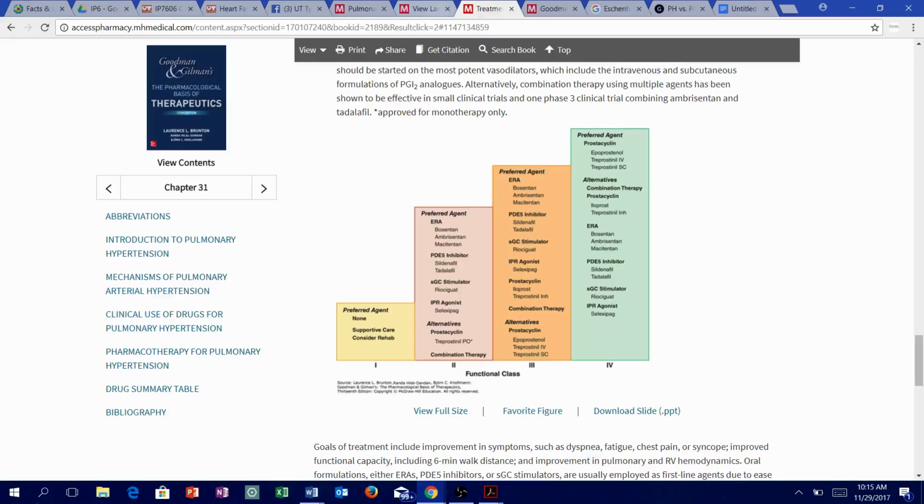Hey Lindsay, do you know what the major subgroups are that he was talking about in the objectives of pulmonary artery hypertension?